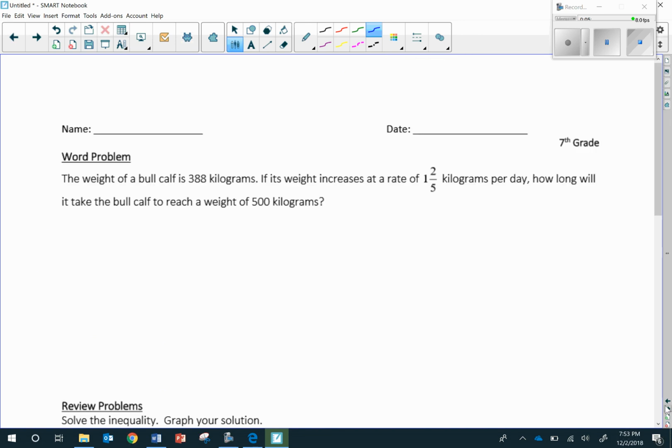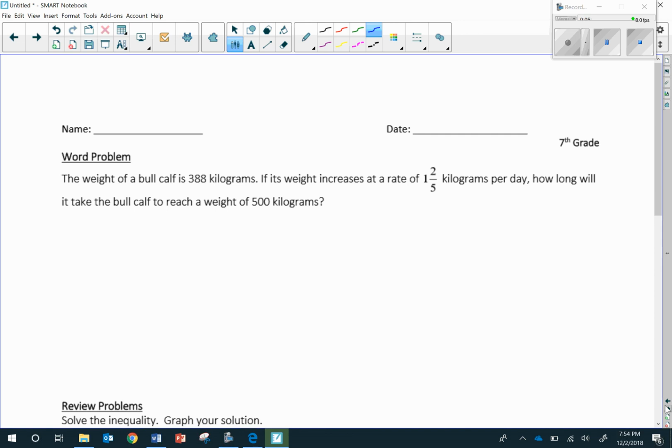All right, we've got a word problem here, and it reads, the weight of a bull calf is 388 kilograms. If its weight increases at a rate of 1 2/5 kilograms per day, how long will it take the bull calf to reach a weight of 500 kilograms?